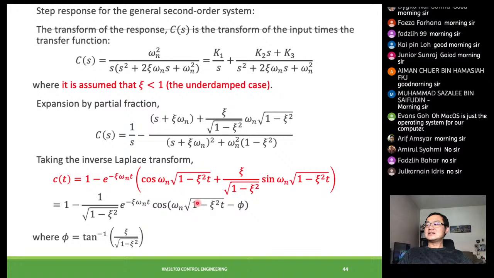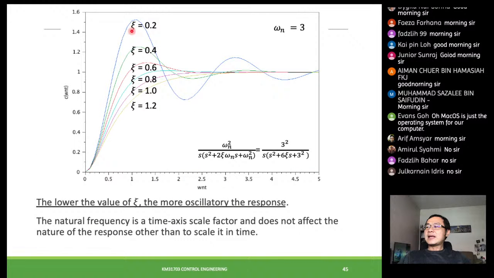You can see that by lowering the damping ratio you get more oscillations, but it doesn't actually affect the natural response in terms of time.